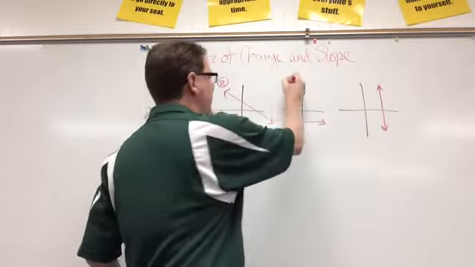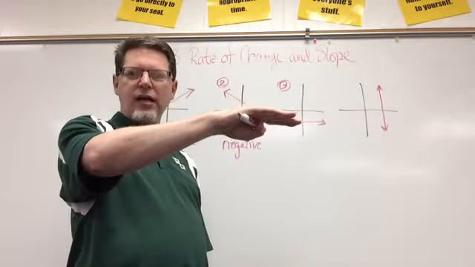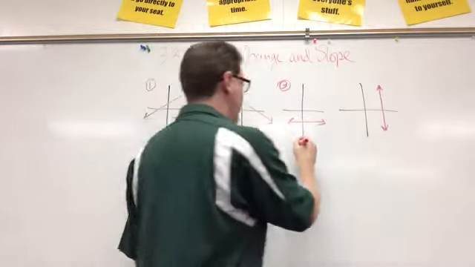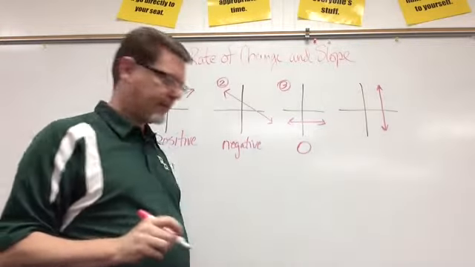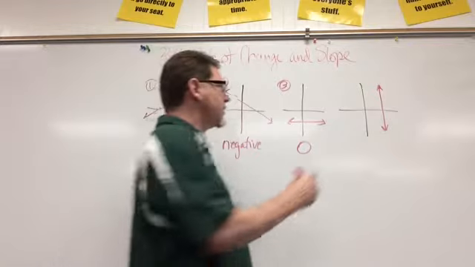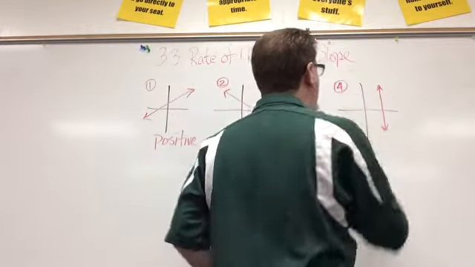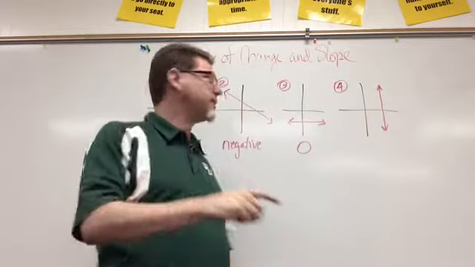In the third example, the slope is not changing. It's a horizontal line, and when the slope does not change, that is a slope of 0. Okay? And in example number 4, we've got a vertical line. Go back to example number 3.